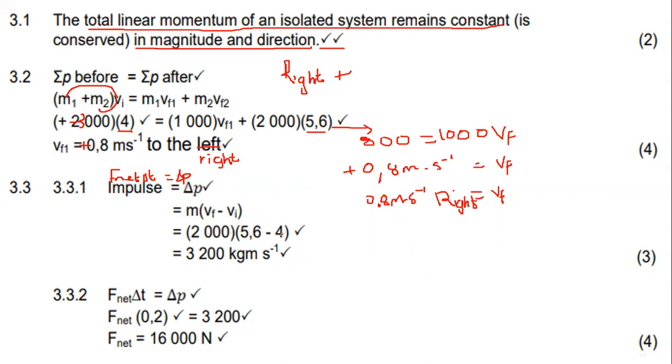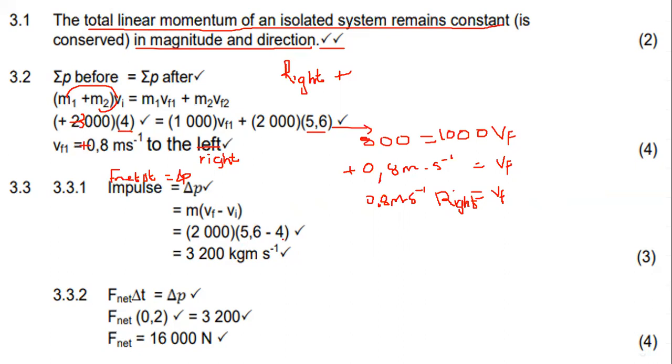Remember, this is the velocity before the spring expanded, the velocity before the explosion, and hence the minus this from the formula, and the velocity is substituted as a positive value because it was going to the right. Then you do your mathematics there. Remember now, when you do your mathematics, you will say 2000 multiplied.